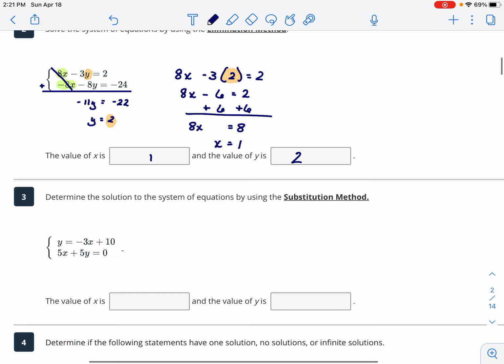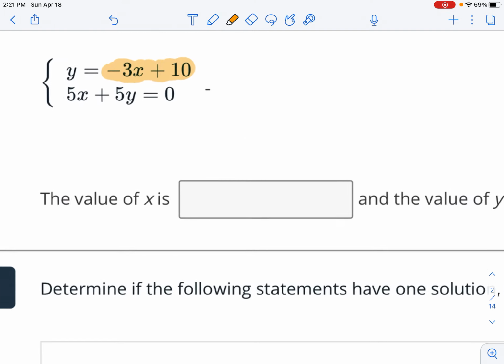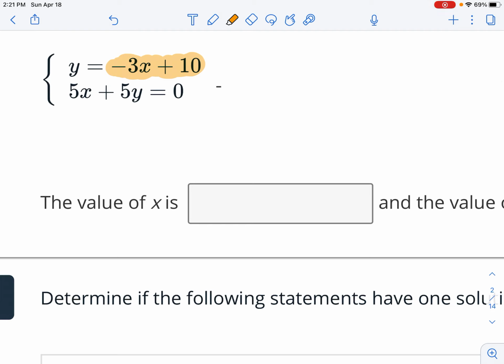So number 3 asks still for a solution, but now I'm forcing you to use substitution. Remember, substitution is if you know what one variable equals, which I do. This whole variable of y is just going to be -3x plus 10. So in my second equation, I'm going to substitute in for a y, make sure I use parentheses, and anytime I see this y, I'm just going to write the -3x plus 10.